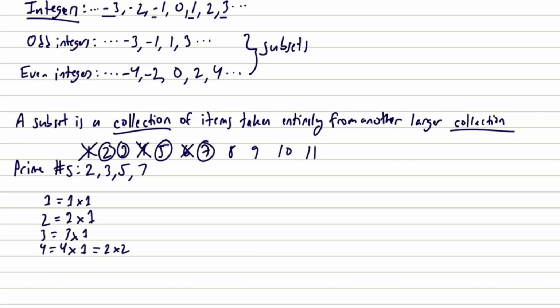So 7 is one of the numbers. 8 is 8 times 1, but also 4 times 2. So you don't include that one. 9 is 9 times 1, but also 3 times 3. I'll exclude that one. 10, 5 times 2. 10, 10 times 1. Can't include that one. 11 is only 11 times 1. And it keeps going on from there. But this is also a subset of the integers.